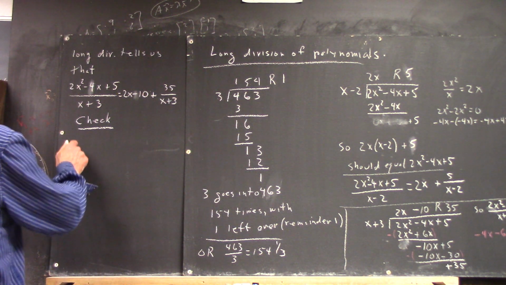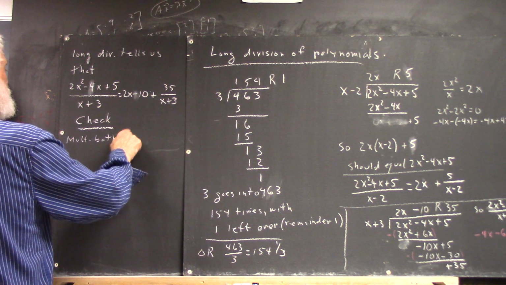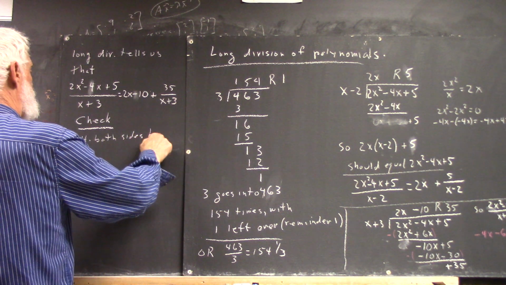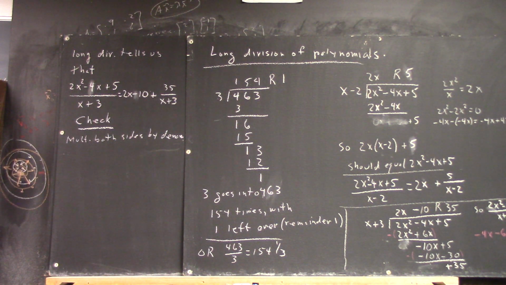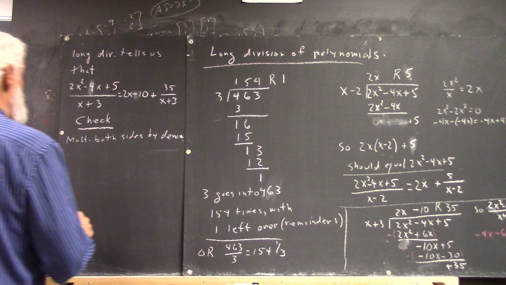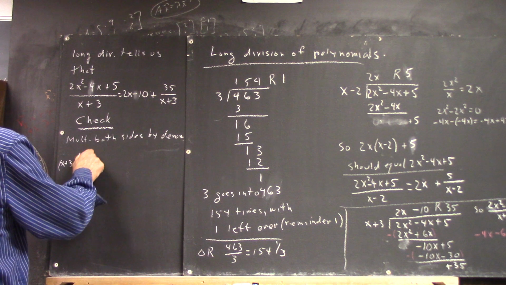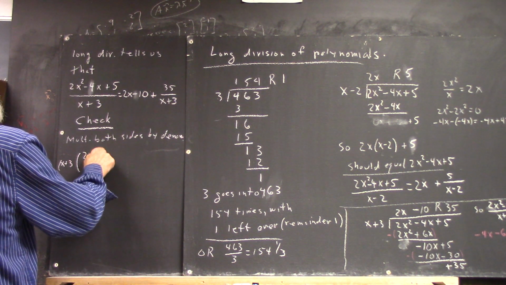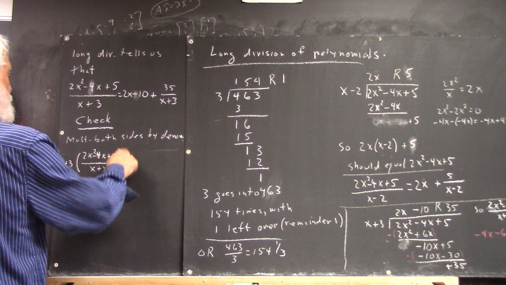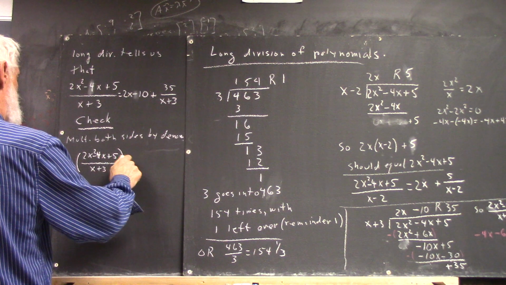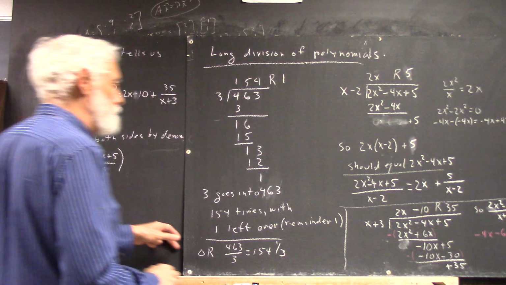So we could multiply both sides by our denominator. So, I don't have room. Well, actually I can make room.